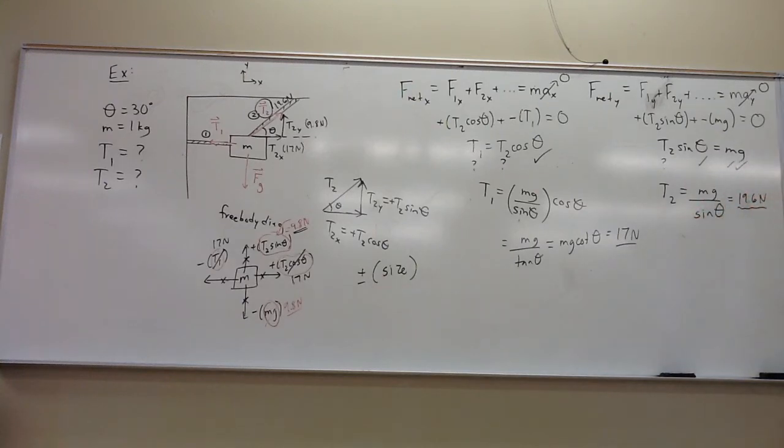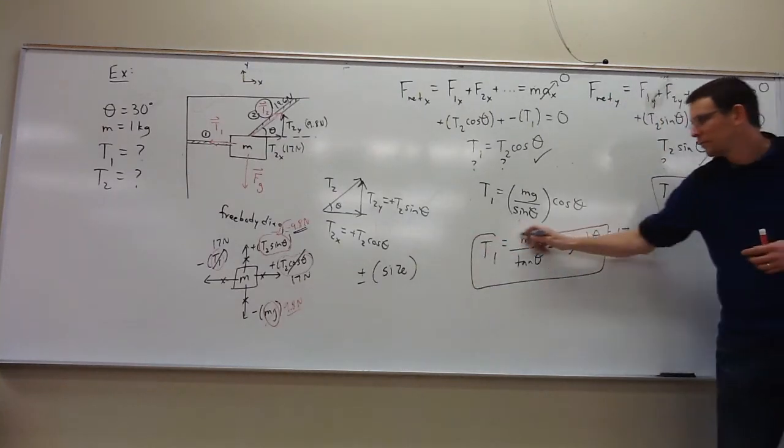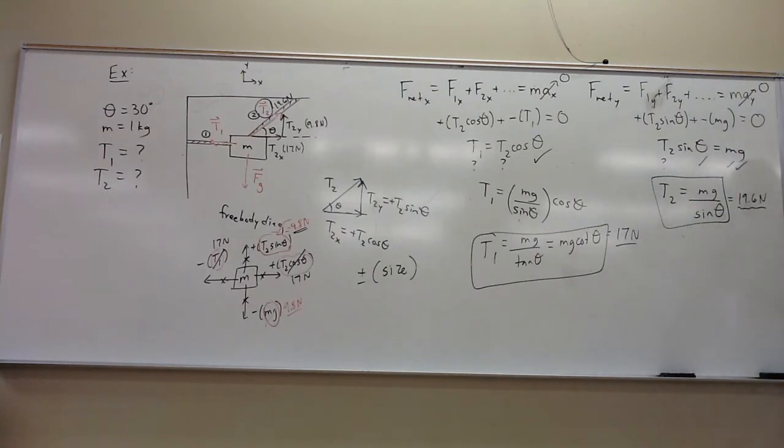Let me just give a couple words on this going forward. The first of which is that these numbers are going to increasingly not arrive. These solutions, I've just boxed them, are called symbolic solutions, as opposed to numerical solutions. Symbolic solutions are better.